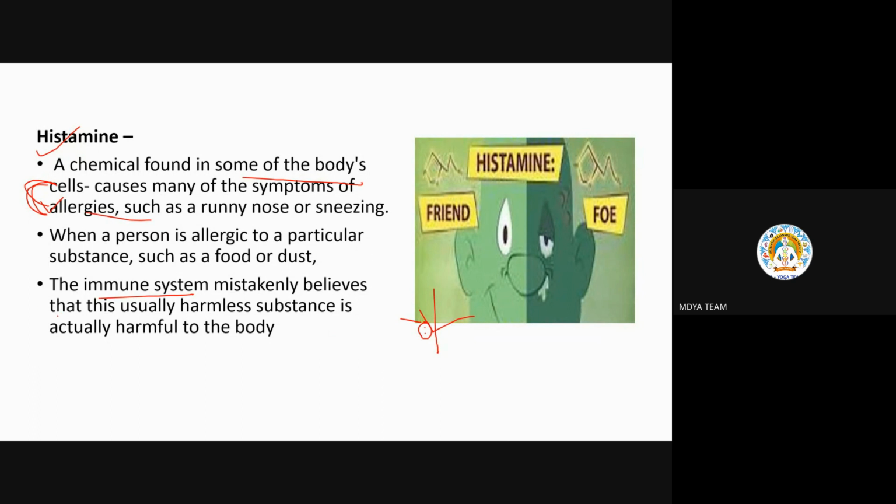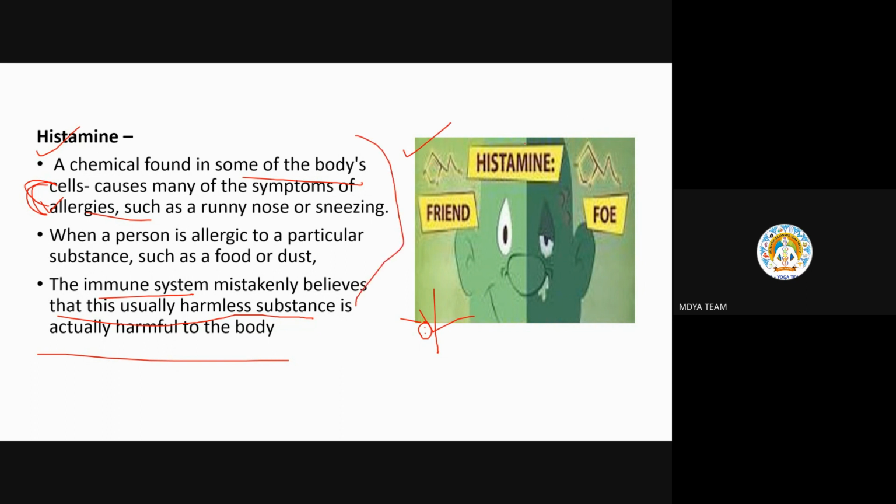It is written here that this usually harmless substance is treated as harmful to the body. The substances which are harmful for the body, we understand as not harmful, and the substances which are not harmful, it understands as harmful. So when our immune system is low, it reacts to outer particles and it causes the problem. This you can understand very easily from the diagram, without studying all this.